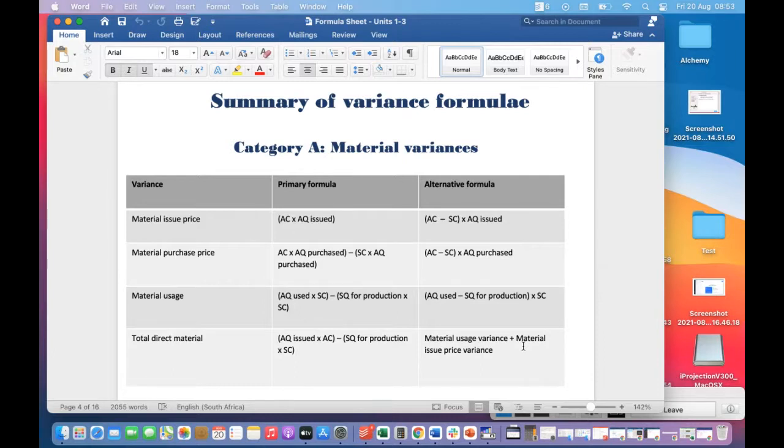When we say issued to production, we have the units already, but now we're providing them for production. But now I'm even getting confused with this usage, material usage variance. Let's read that. Sorry guys, I have a throat infection.